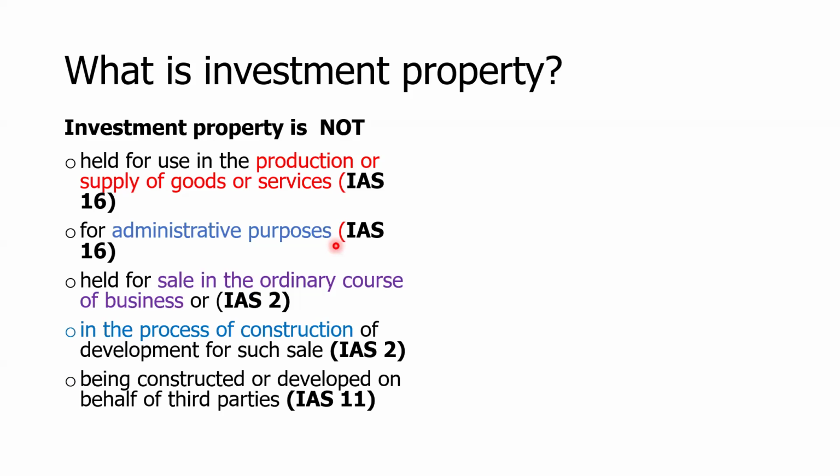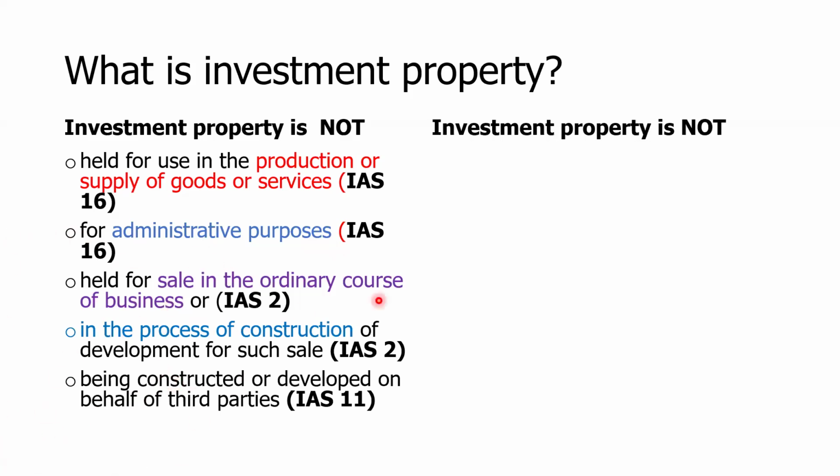IAS 2 has taken care of that. It's not an asset being constructed or developed on behalf of a third party. So if you are constructing or developing an asset on behalf of a third party, it's a construction contract in line with IAS 11, which has now been replaced by IFRS 15, revenue from contracts with customers. So these are not investment property.